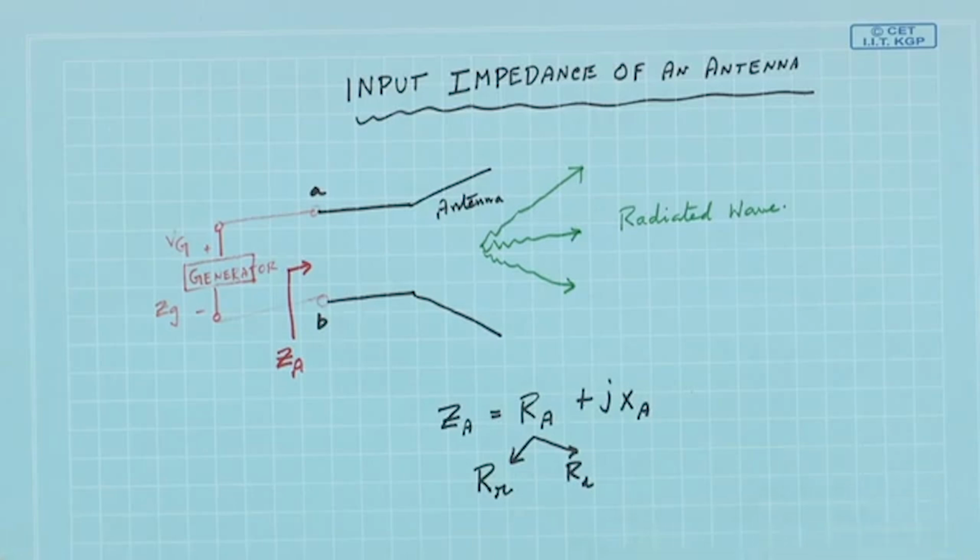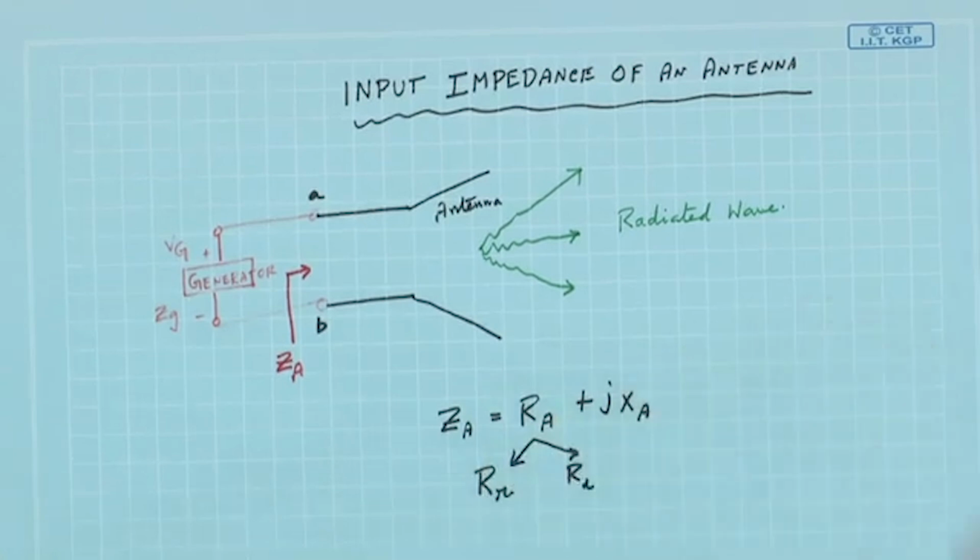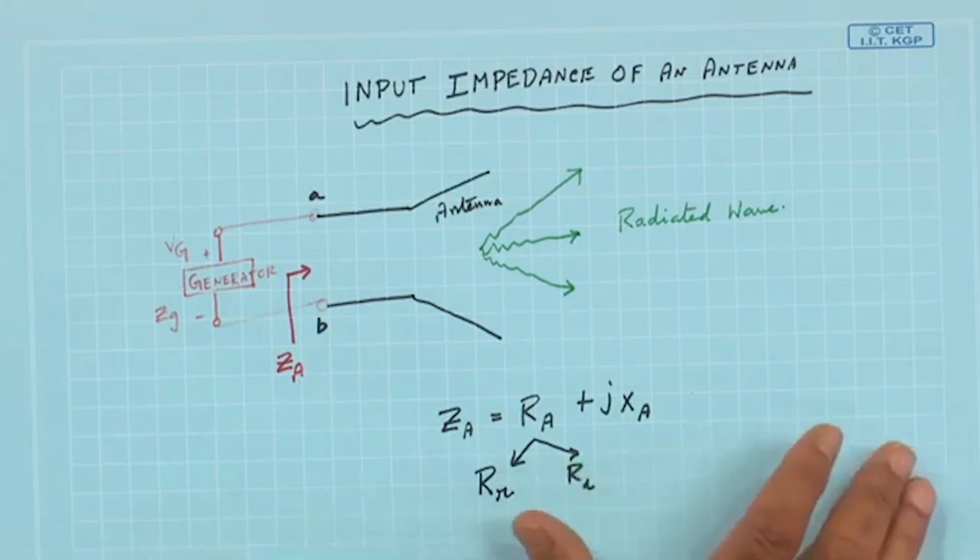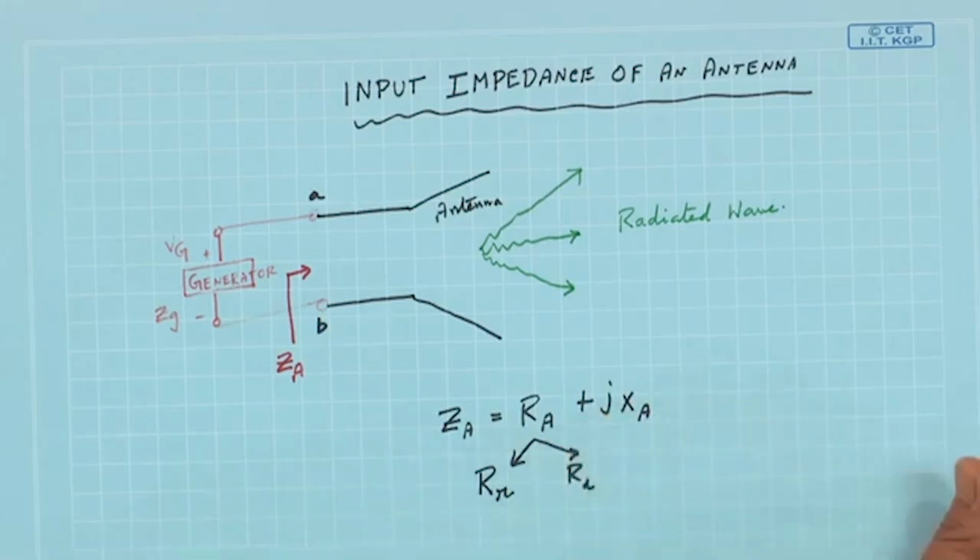Always this RR and RL cannot be put in series, but for simple antennas which we will be generally discussing in this class, if we assume that RR and RL are in series, then we can further simplify this impedance model.